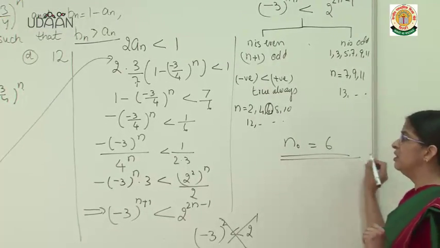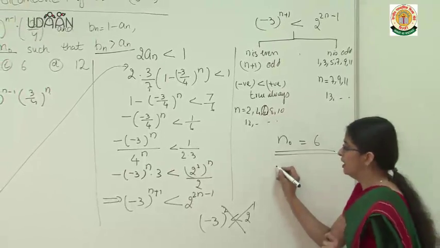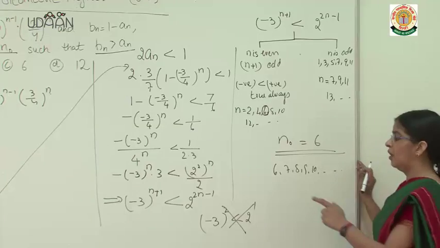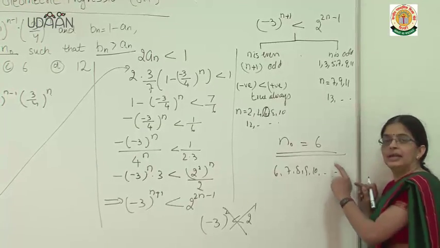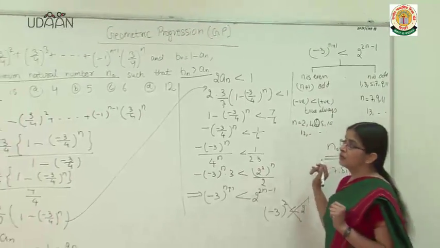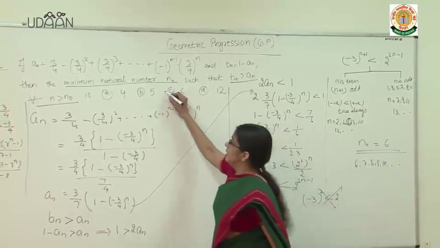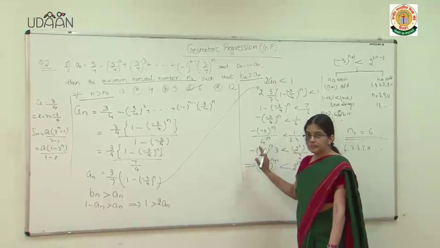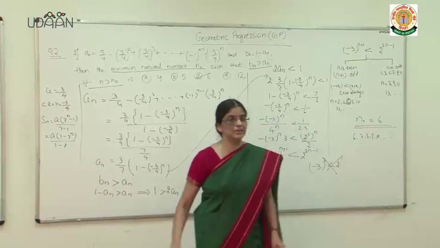Take all numbers from 6 onwards, n equal to 6, 7, 8, 9, 10, etc. For all natural numbers greater than or equal to 6, you can see that the given condition is true. So which option is correct? Option C. Clear? Let us proceed to the next question.